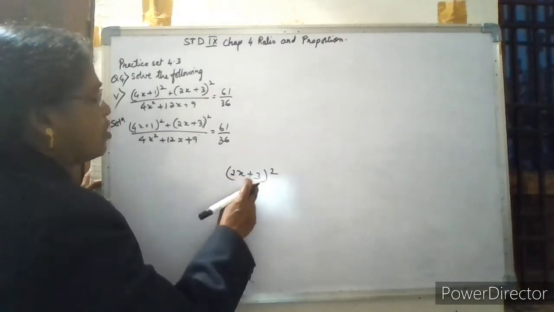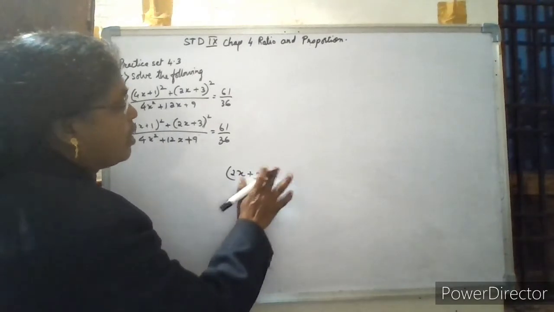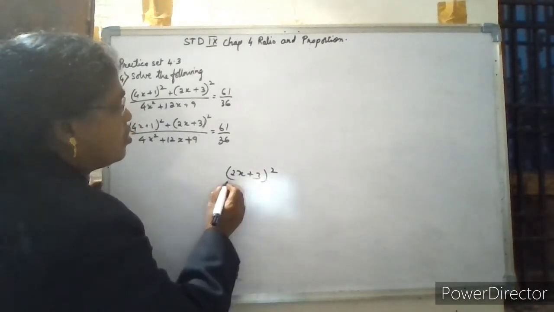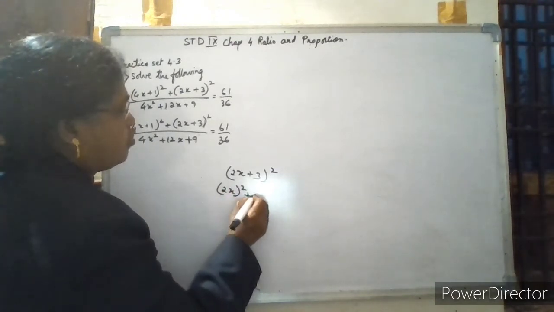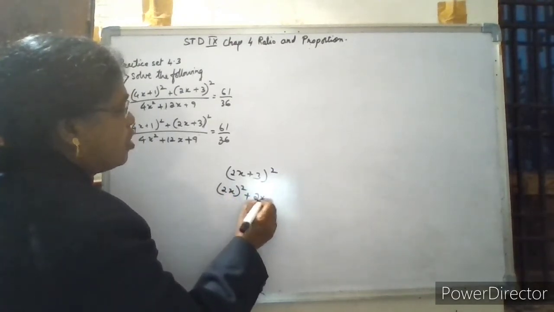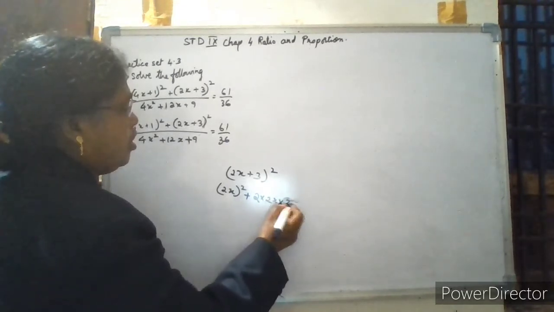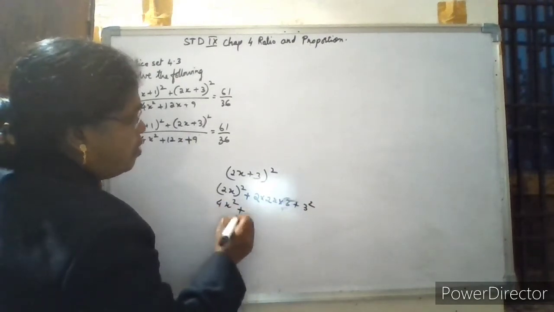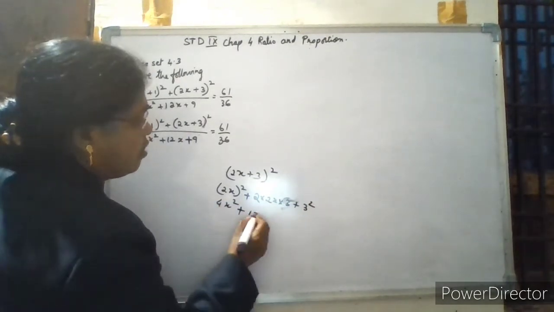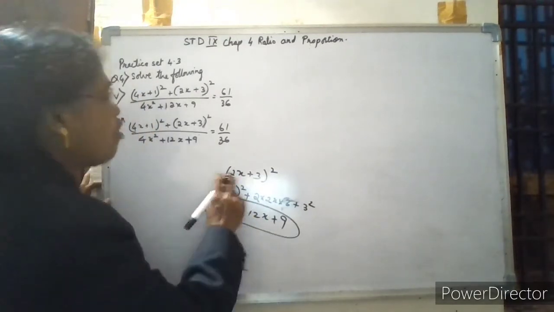So see, for verification, if we square it, a square is 2x square, plus 2ab, 2 into 2x into 3, plus b square, that is 3 square. So this is 4x square plus 12x plus 9. So this is the expanded form of 2x plus 3 the whole square.